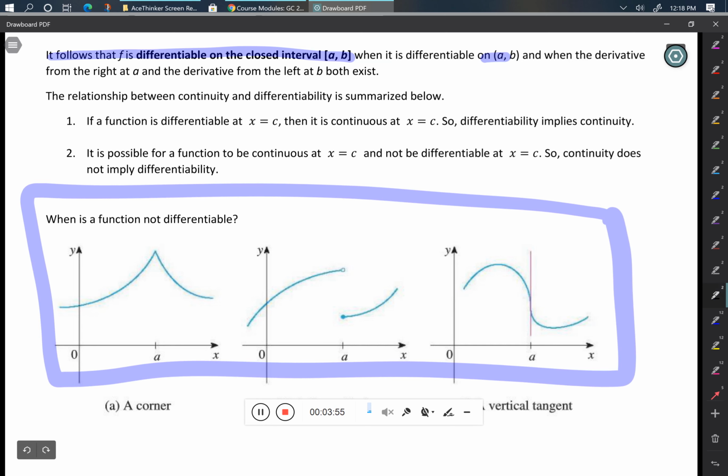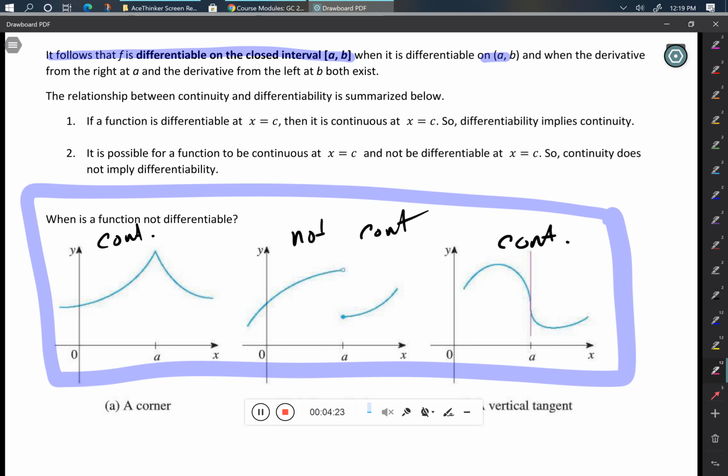I would hope that all of you at this point would say that this one is continuous, this one is continuous, but this one is not continuous. Okay? I want to be able to talk about where these graphs are continuous, but also where they are differentiable. All 3 of these graphs have issues with differentiability.